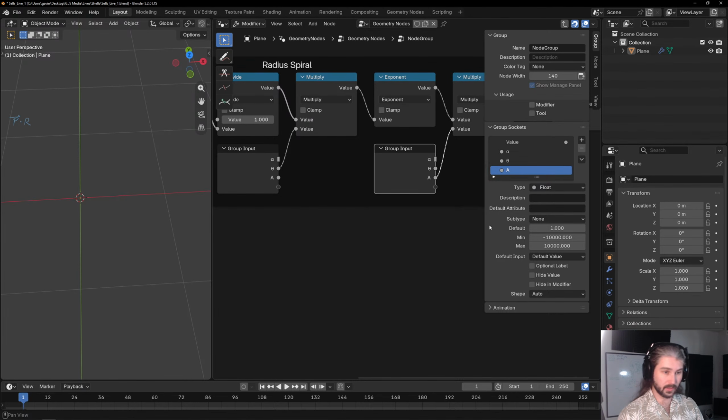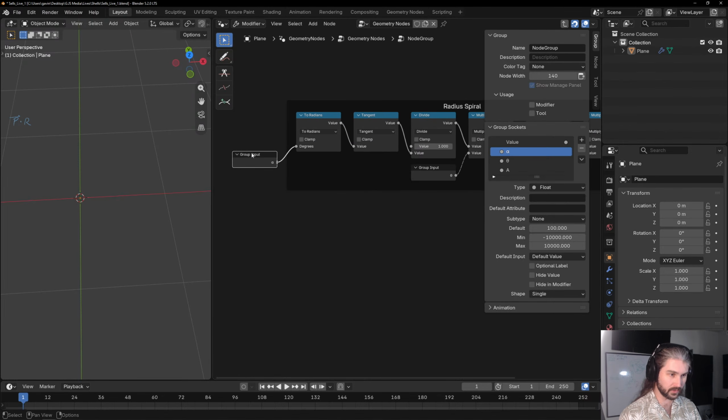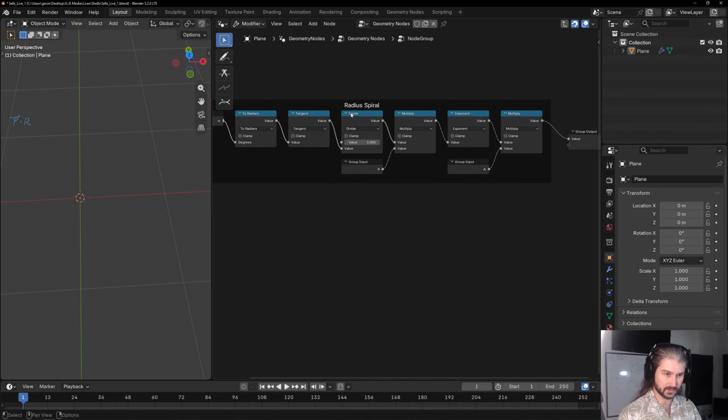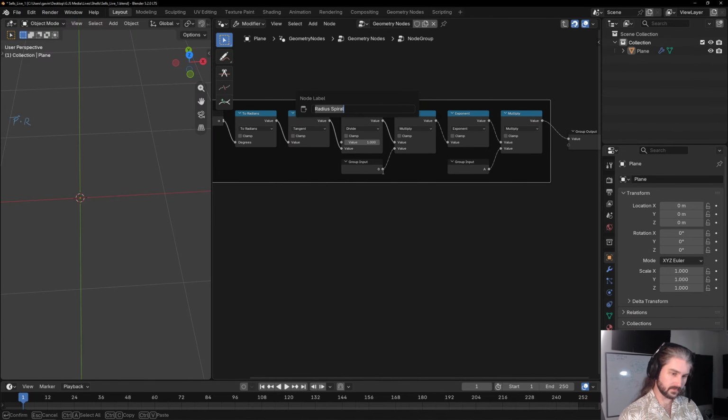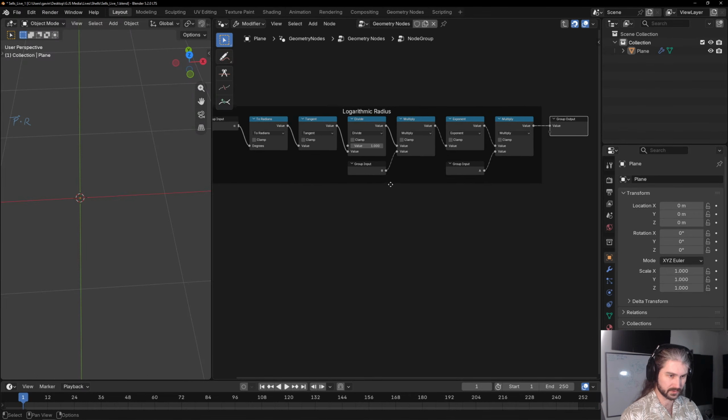So I'm just going to label it as a. Control H to hide all of the unnecessary inputs on all of those nodes. Now we have our basic logarithmic radius. There we go. That's our output.